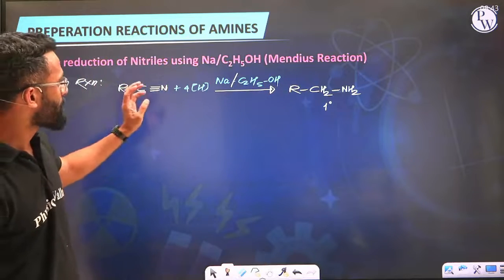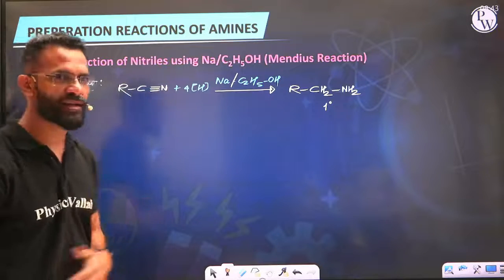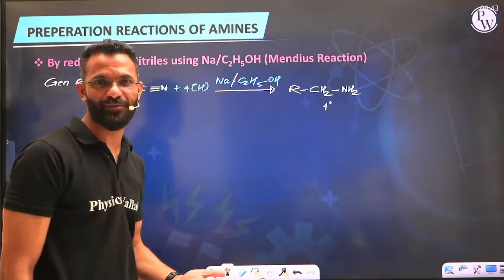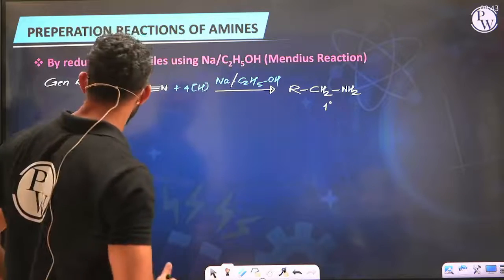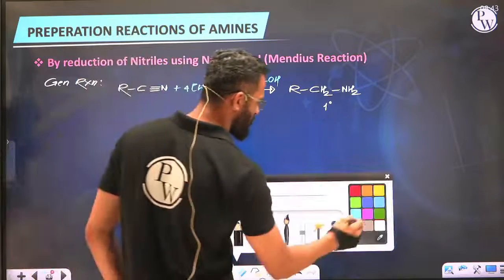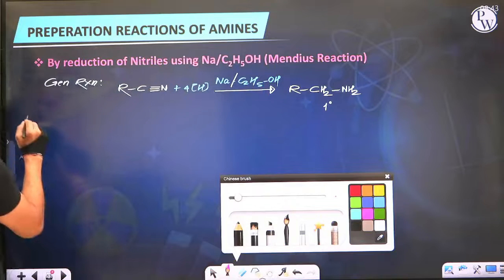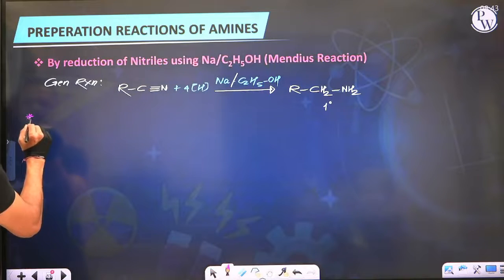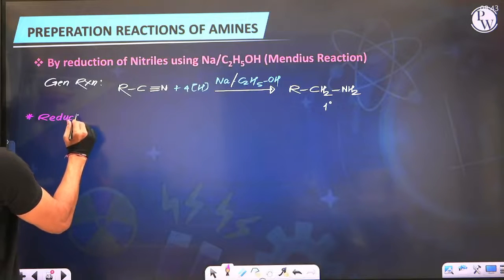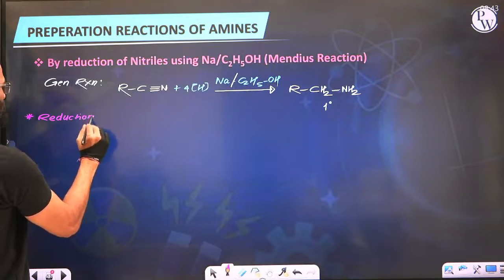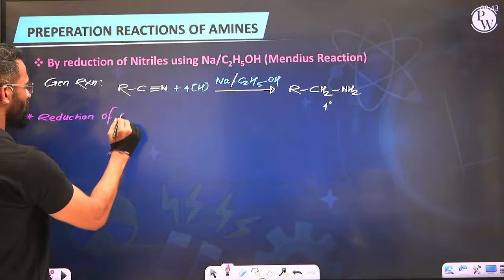Now guys, when you talk about reduction of nitriles, similarly amides can also be reduced to the corresponding compound. Well, we have studied this way back in alcohols, but just to put it again, let's say we are talking about reduction of amides.